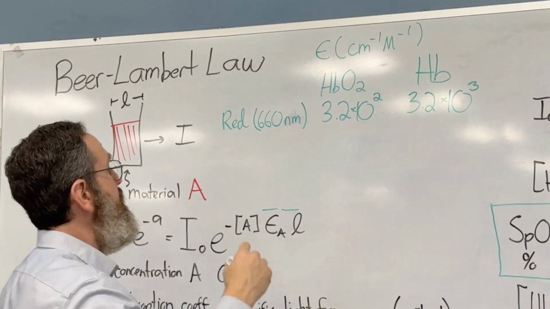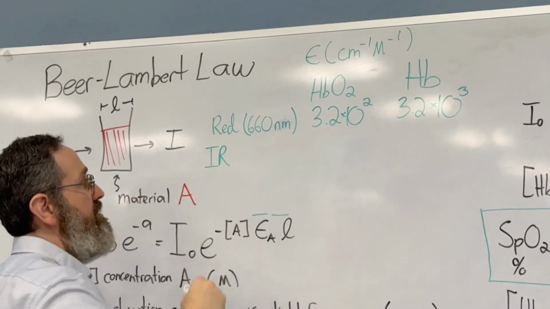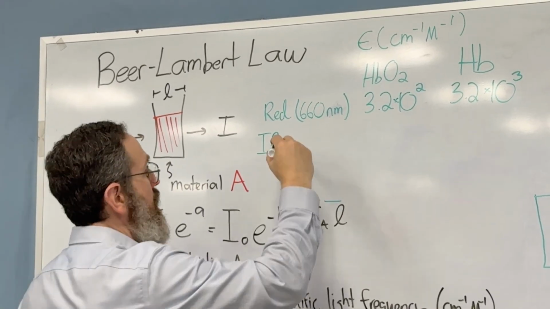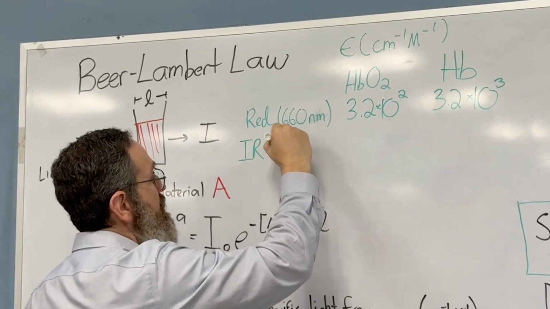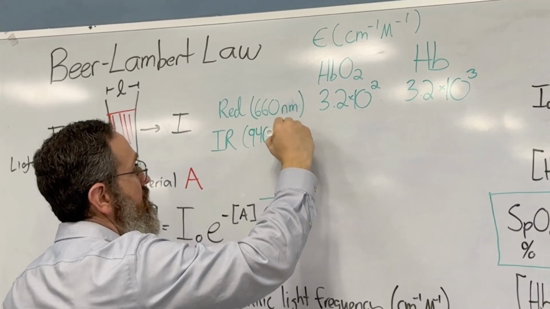Okay. Now, at infrared light, and I'm choosing infrared specifically for a reason, but I could have chosen green. So we're going to call it infrared, which is at 940 nanometers.